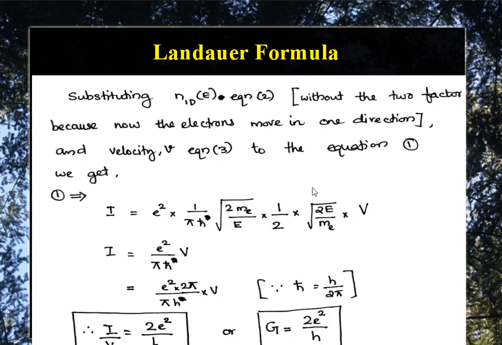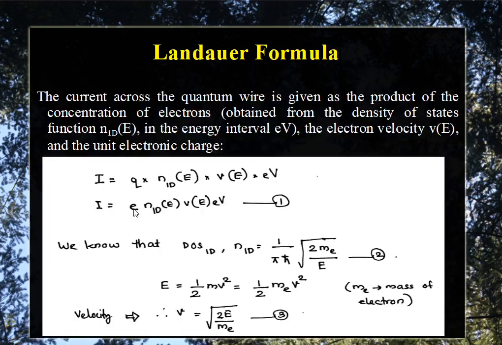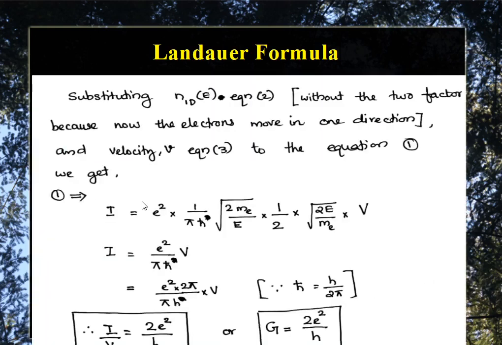Then the velocity v, and e is already there from the previous slide, e into e gives e square. From that we can write I is equal to e square into v divided by pi h-cut.